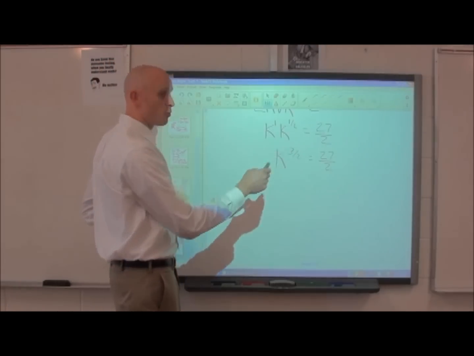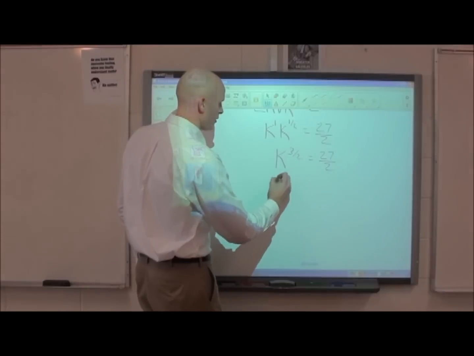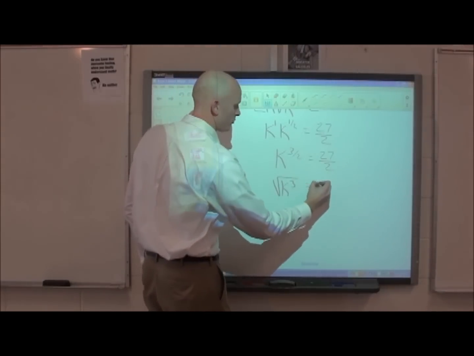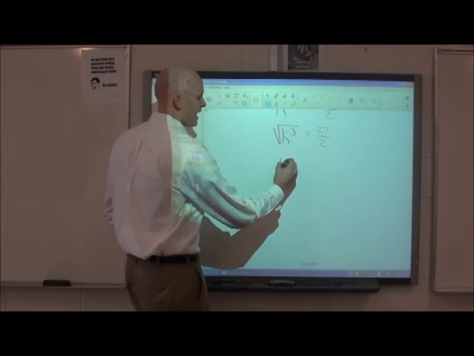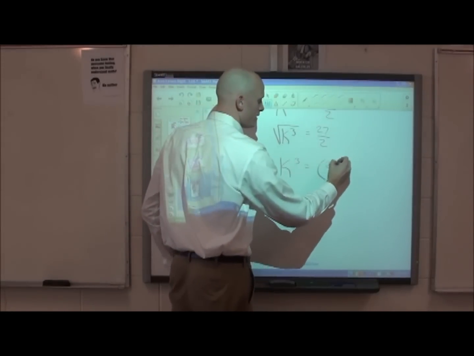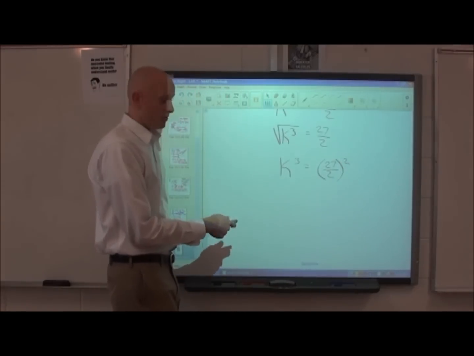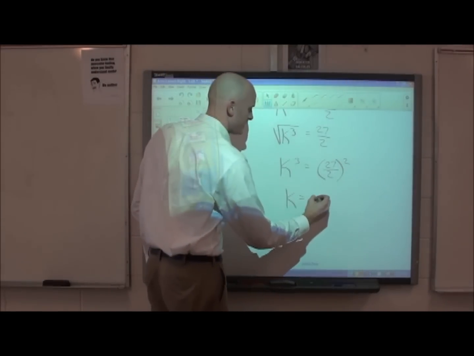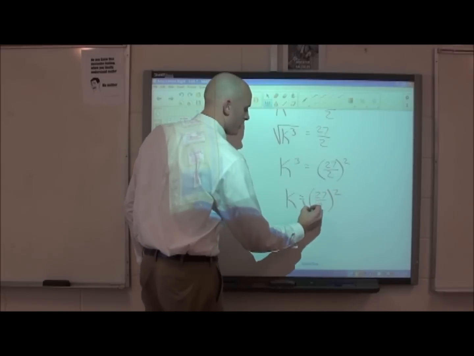So we can take the square root. So k cubed equals 27 over 2 squared. And then it's the cube root of that. So k is equal to 27 over 2 squared.